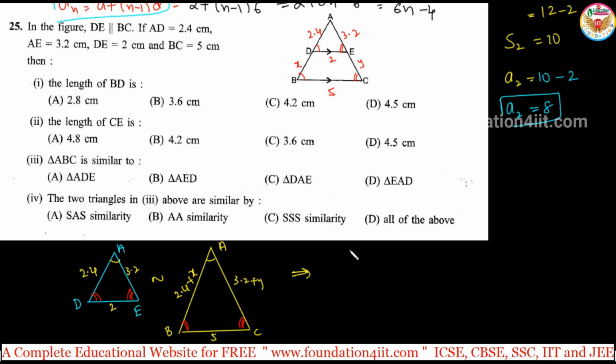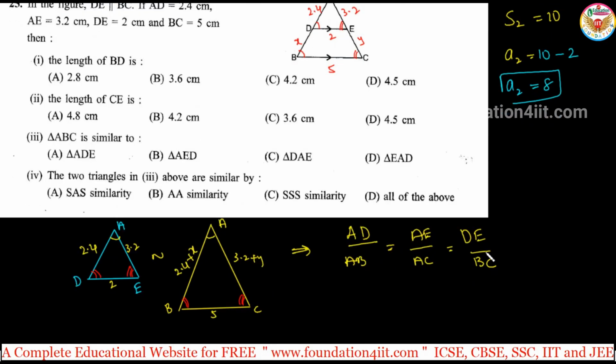Okay, so corresponding sides are in the same ratio property, that is AD by AB is equal to AE by AC, again DE by BC.